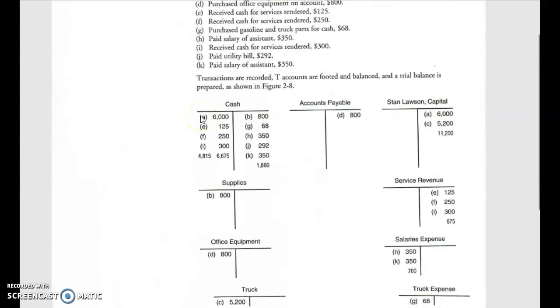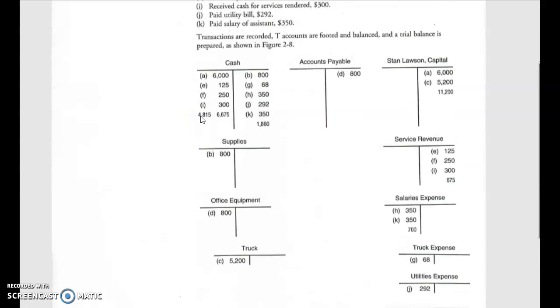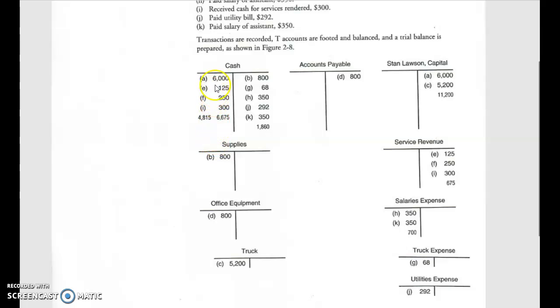Notice that I'm going to scroll down here and show you that the accounts that we are preparing are cash, accounts payable, Stan Lawson capital, supplies, service revenue, office equipment, salaries expense, truck expense, and utilities expense.